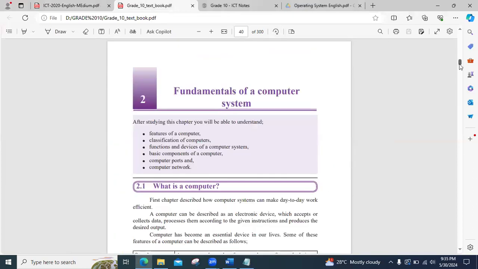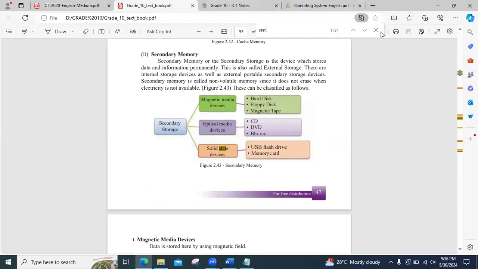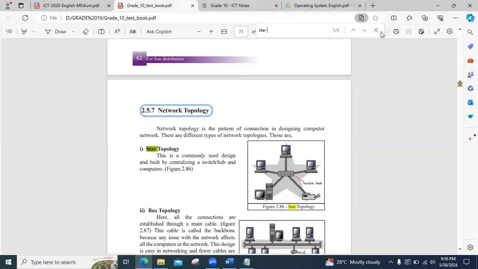If you go to the star topology, you can see here it is controlled by the central device. You can control it by the switch. So that is correct.